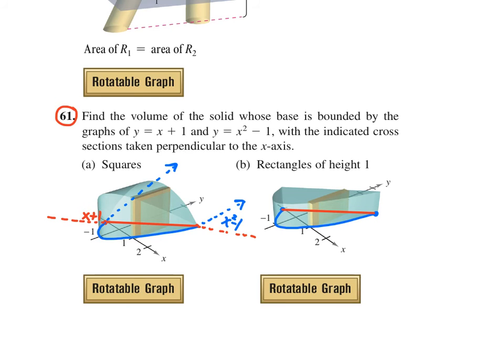Okay? Notice I'm making a consistent height so that they're all the same cross section. So, two different three-dimensional objects, one with squares and one with rectangles.